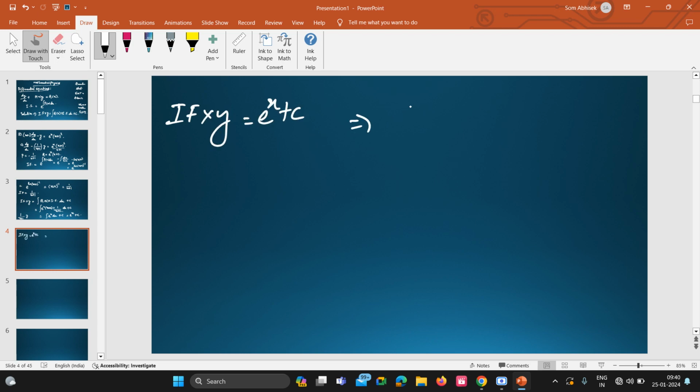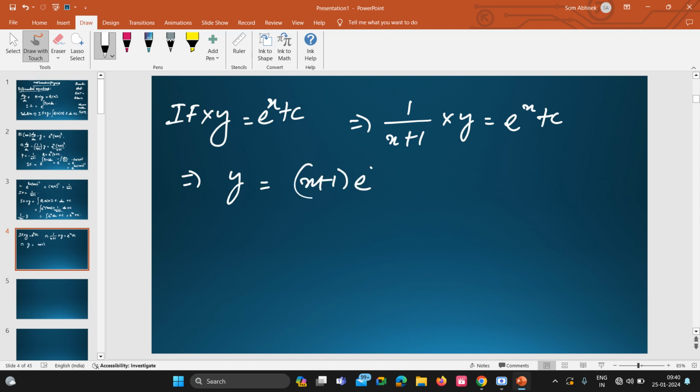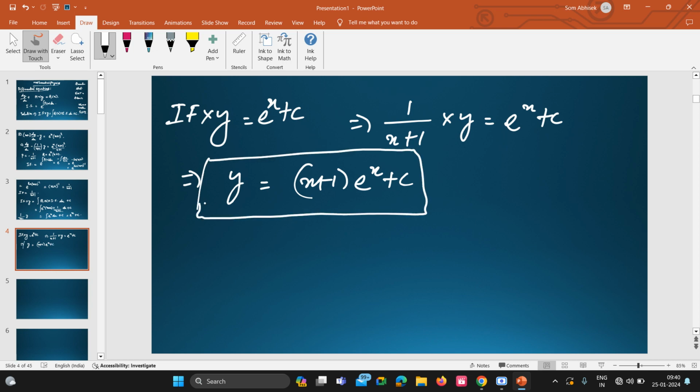So y is equal to (x plus 1) times (e to the power x plus c). This is your answer, right?